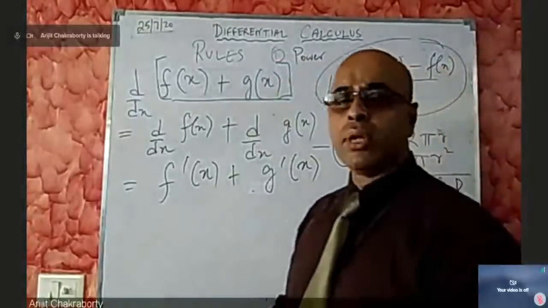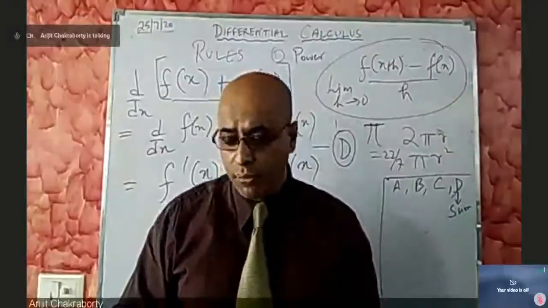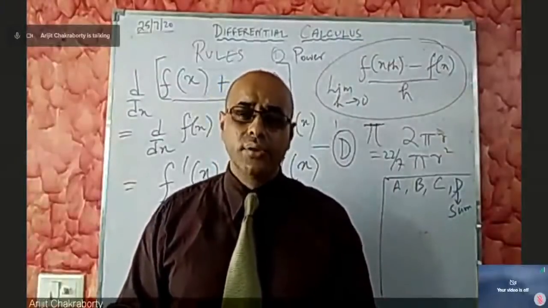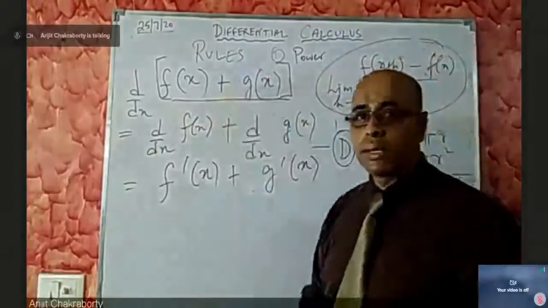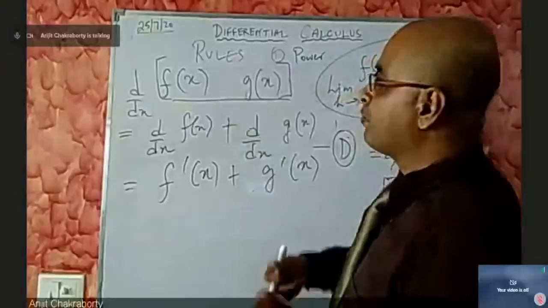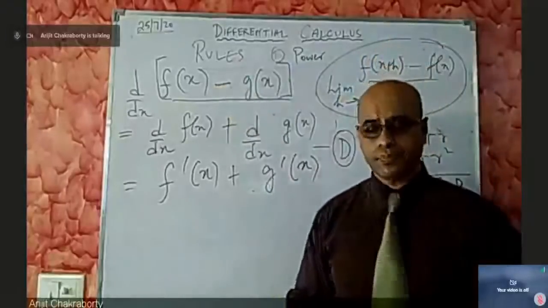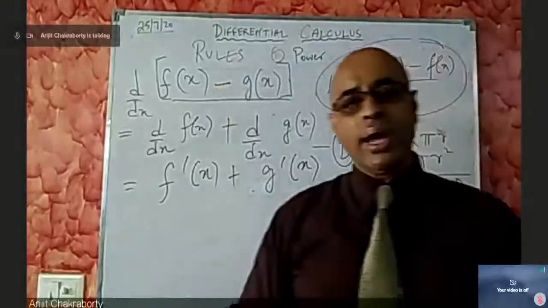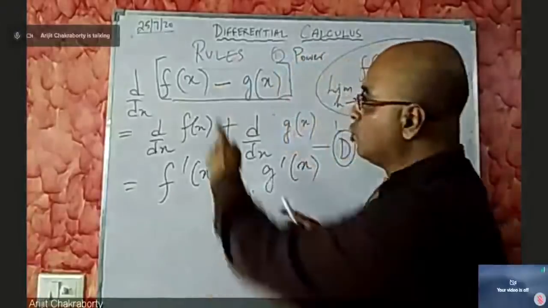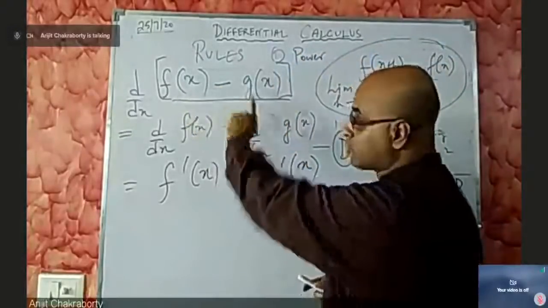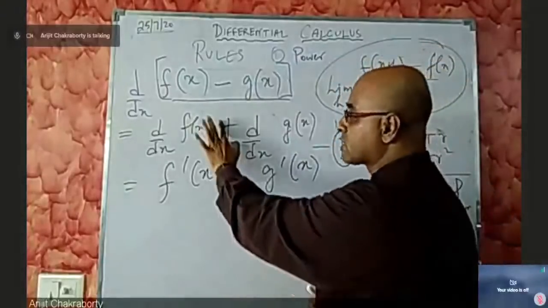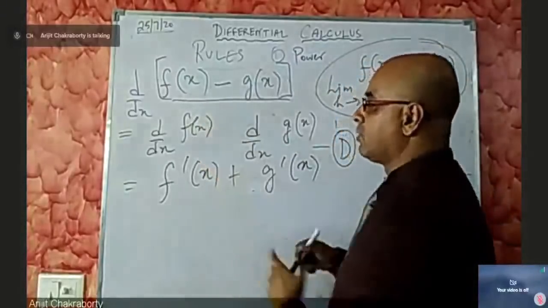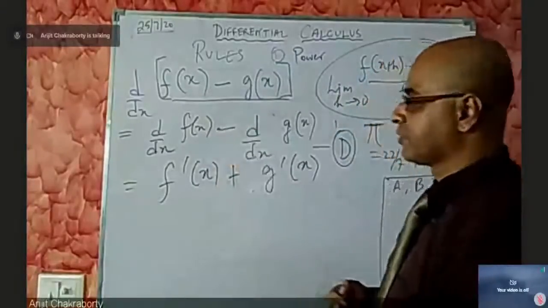Now we go to formula number E, the next one, which is regarding the rule of difference. Here we were summing up, but now we will go for difference, f(x) minus g(x). If you have to find out the derivative of the difference of two functions, the formula is simple. Instead of plus, we will just rub it out and write minus.